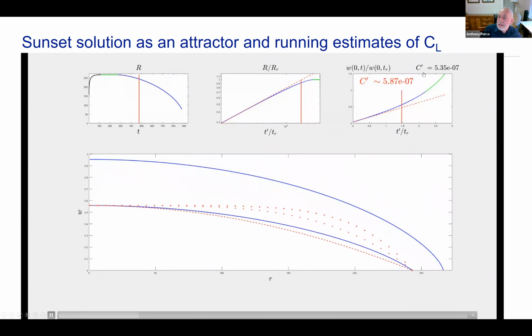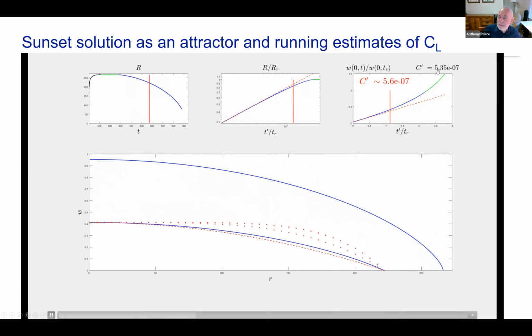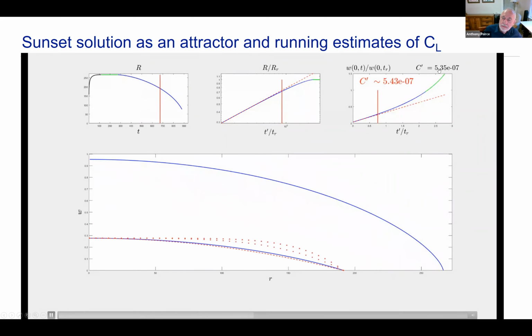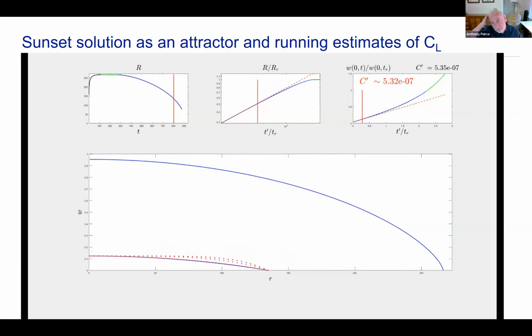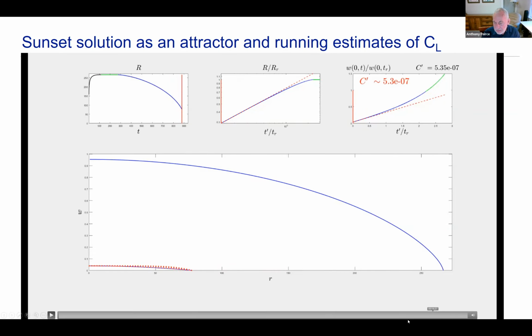By the way, C prime for the simulation was 4.35 times 10 to the minus 7. So it's not too bad an estimate that we get from that. We observe that the higher powers don't cut it, whereas the solution tends to the n equals 2 case. So we call n equals 2 an attractor, and we're getting pretty good estimates of C prime.